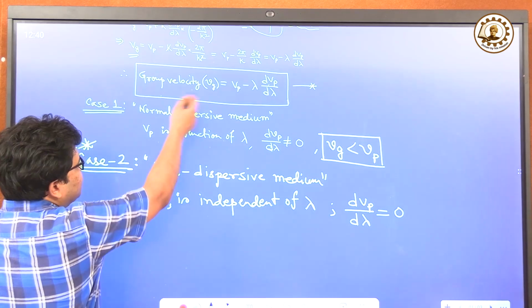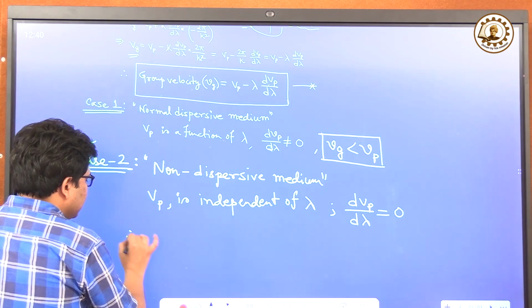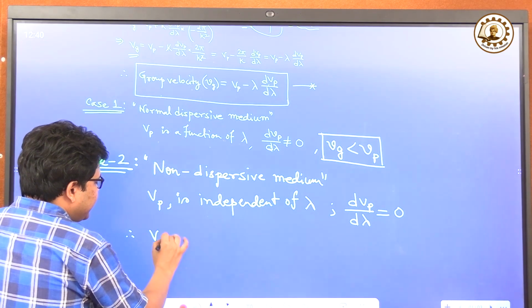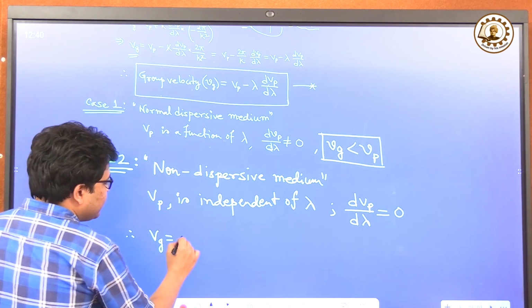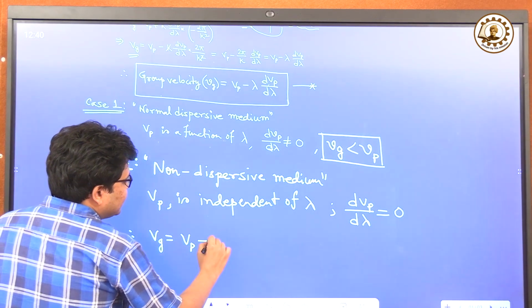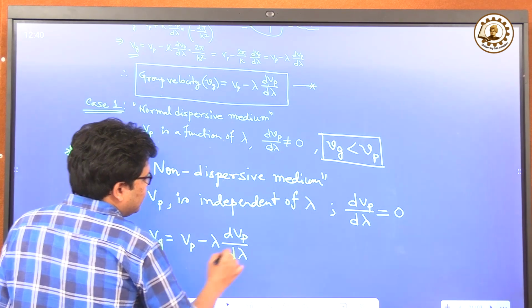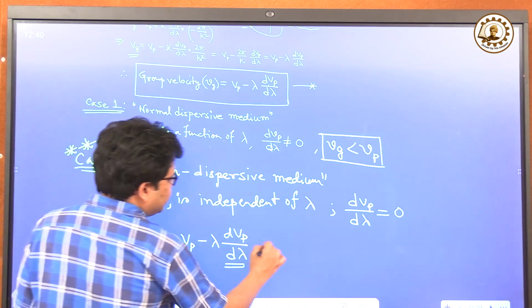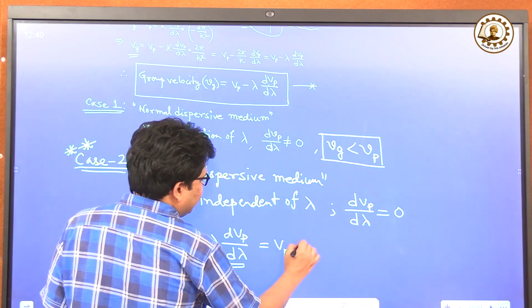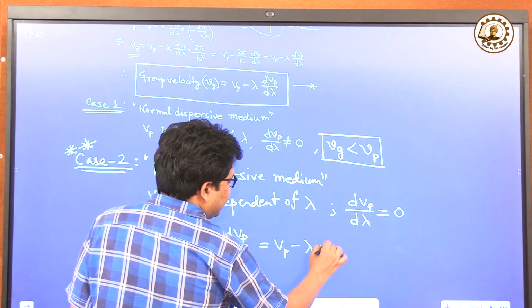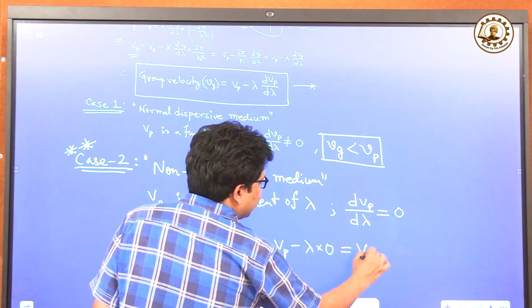So what can we tell from this expression? On the right hand side we have Vg equals Vp minus lambda dVp by d lambda. This term goes to 0. So Vp minus lambda into 0 results Vp.